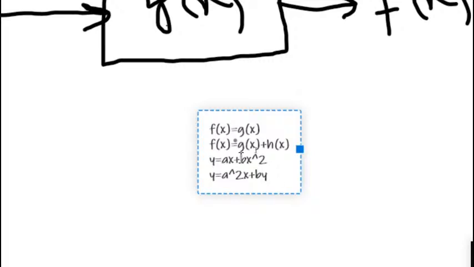Those are model parameters, a and b. If model parameters, or you may say regression coefficients, are linearly dependent, then it is called linear regression.